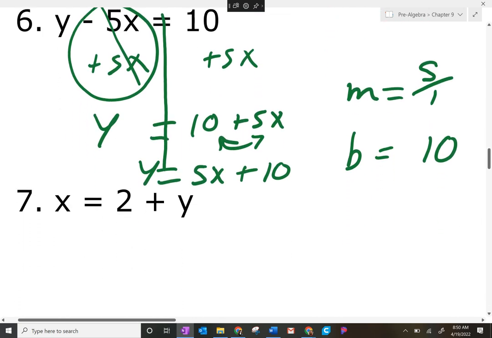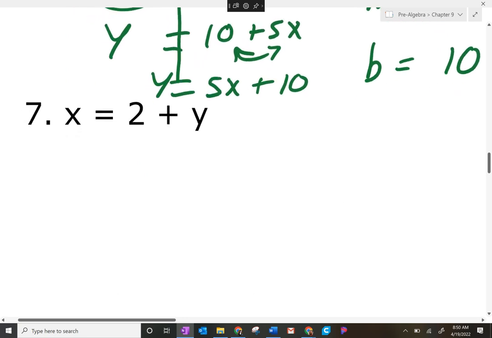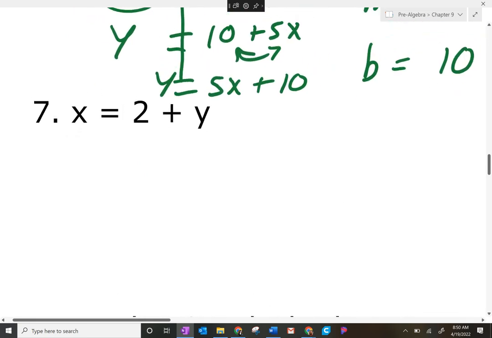All right. Last one. On your own. It says x equals 2 plus y. It needs to be in y equals mx plus b format.